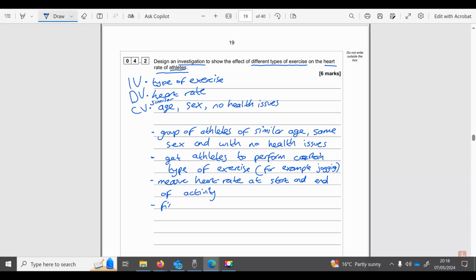So what we want to make sure that we do then, to enable us to compare it, is to find the increase in their heart rate. Once we measure the heart rate at the start and the end of the activity, we then want to find the increase in the heart rate. Okay. Then what we can do is we can say repeat investigation, but with a different activity.